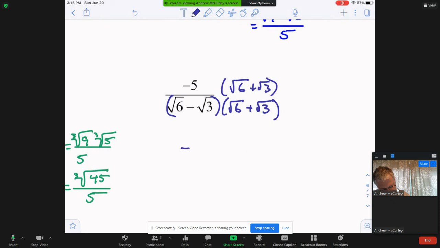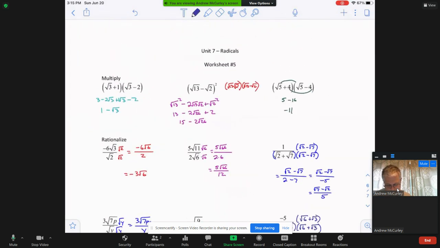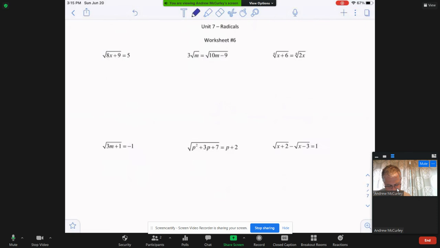So I end up with negative 5 times root 6 plus root 3 all over 6 minus 3, which is 3. That's it. I would stop right there. I don't even think you need to distribute that negative 5 through. You can leave that factor out. All right, those will help you with worksheet 5.